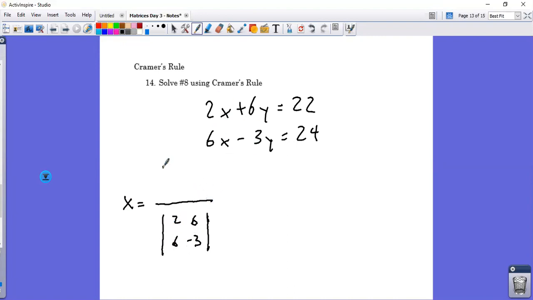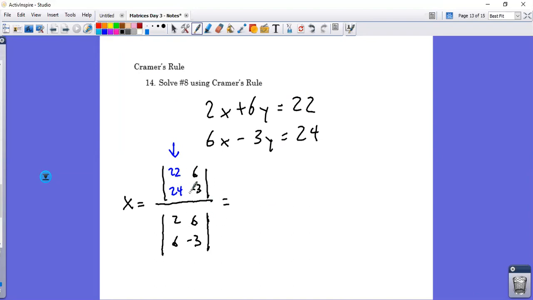And then the top one, if we're solving for x, then you take the x's, the 2 and the 6, and you replace them with the solutions. So I'd put 22 and 24 there, and then I would leave the 6 and the -3 the same. The y's is the same. So it's just determinant over determinant, and that'll give you the x value.